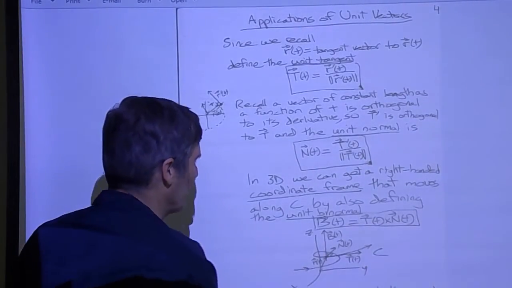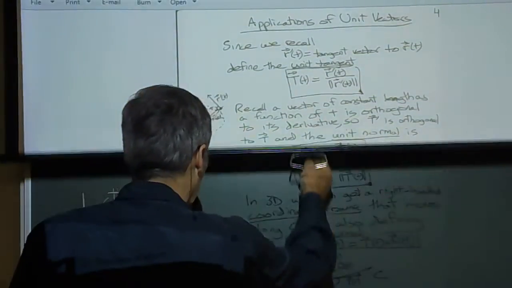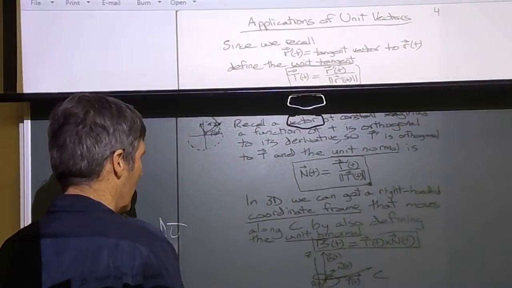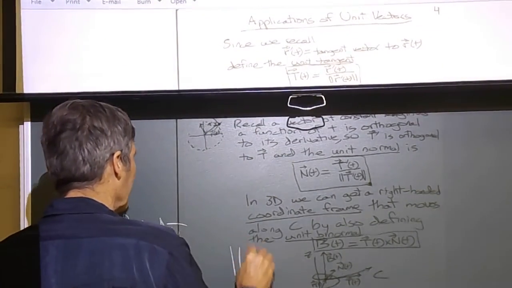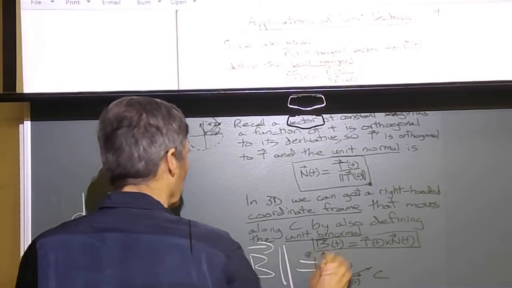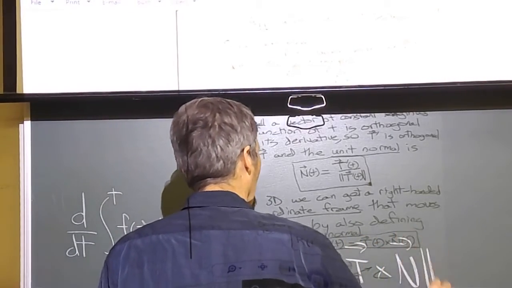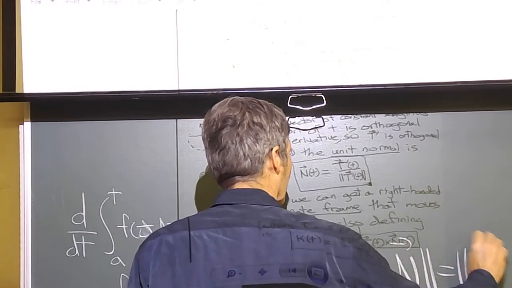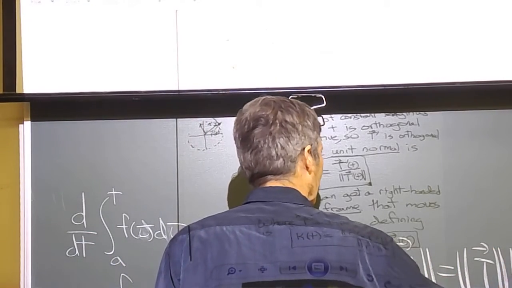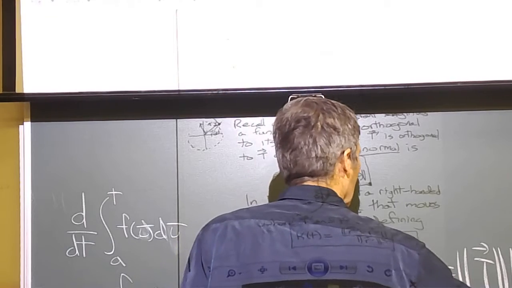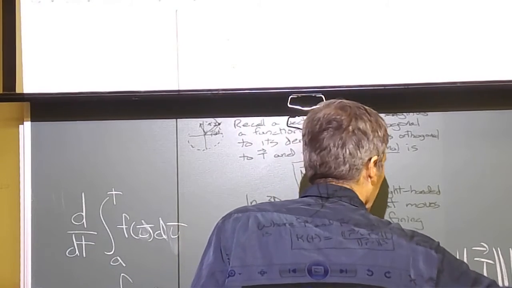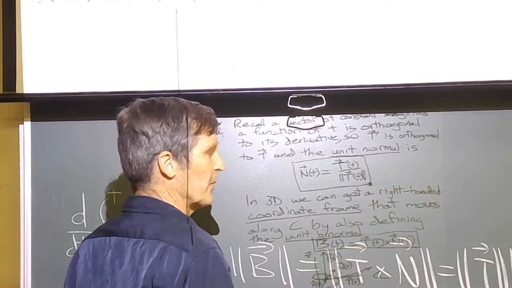And then how long is B? Remember this formula? What is the length of B? Well, it's the length of T cross N, since we define it that way. But by the cross product formula we had, it's length of T, length of N, sine of the angle between them, but they're at 90 degrees to each other, right? They're perpendicular.